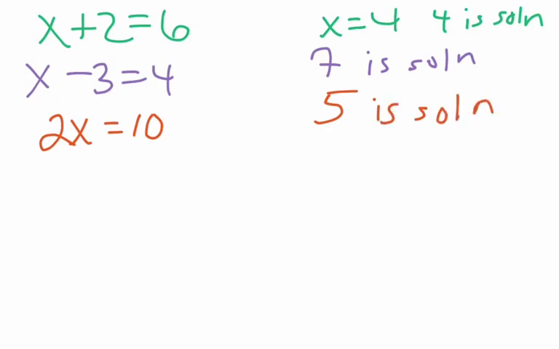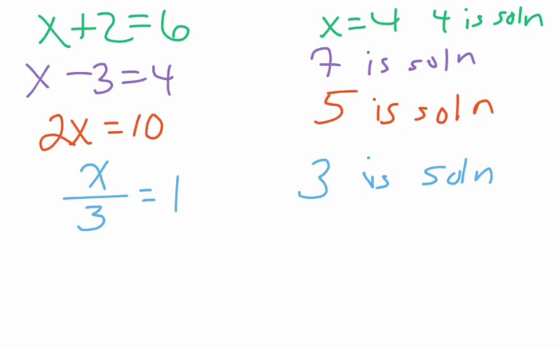And then let's look at this one. x divided by 3 is equal to 1. So what number divided by 3 gives you 1? Well, think of your fractions: 3 over 3 would be equal to 1. So 3 is a solution.